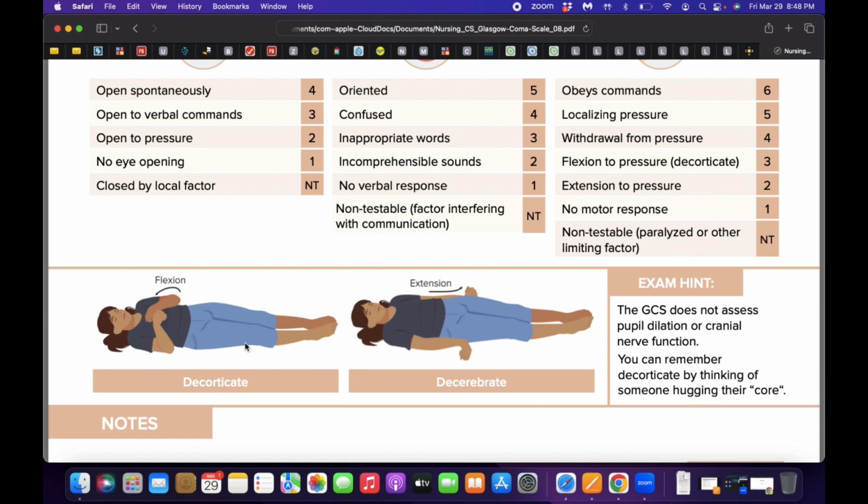As an exam hint, the GCS does not assess pupil dilation or cranial nerve function. You can remember decorticate by thinking of someone hugging their core. So guys, remember decorticate is flexion and decerebrate is extension.